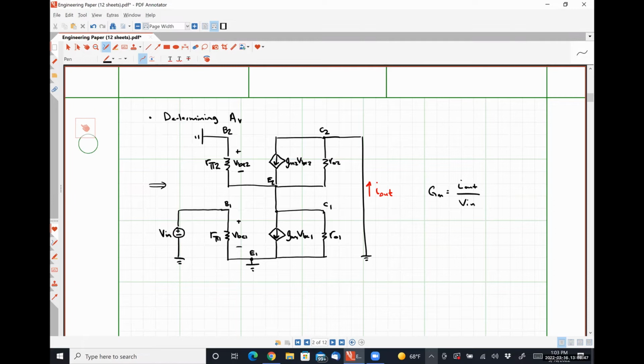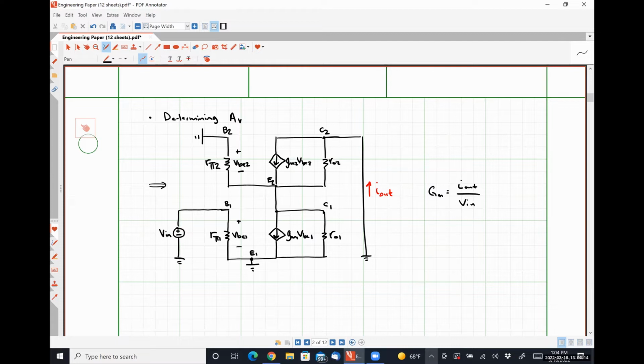All right, so with my collector C2 node grounded, this resistance R02 looks like it's in parallel with R01, okay? I can say that because R01 is between emitter 2 and ground.